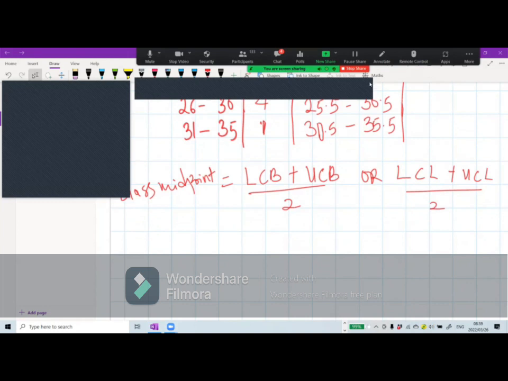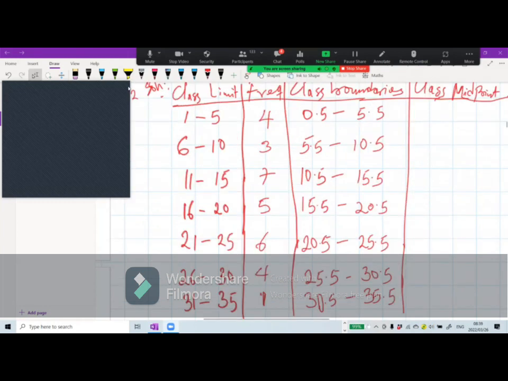You will get the same. 5 plus 1 is 6. 6 divided by 2 is 3. So 0.5 plus 5.5 is 6, divided by 2 is 3. Please write everything by yourself. Do everything.